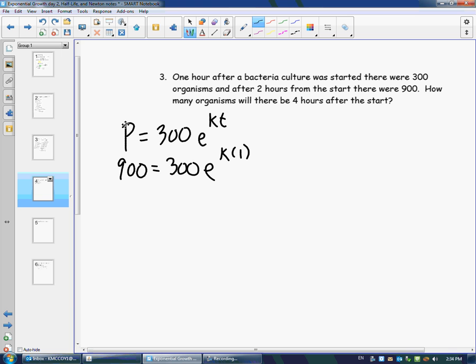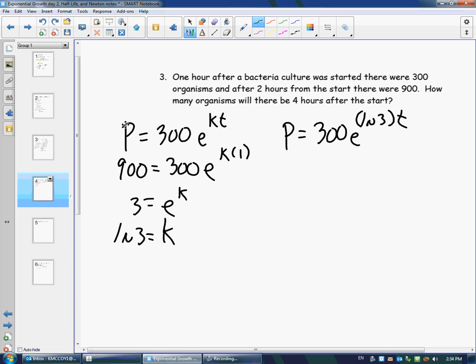So dividing both sides now by 300 gives us that 3 equals e to the k. This one will be much easier to deal with because now when we natural log both sides, you get the natural log of 3. Natural log of e to the k is k. So we get our k value to be the natural log of 3. So our population equation now becomes 300 e to the ln of 3 times t.